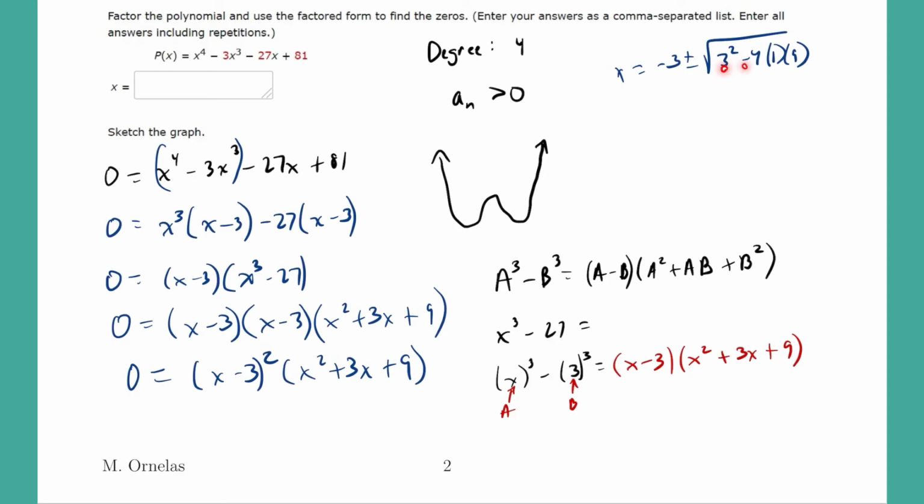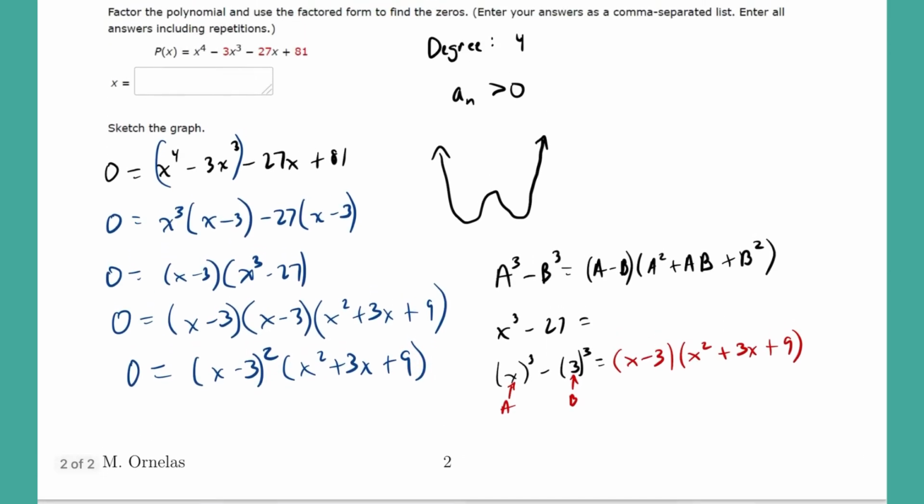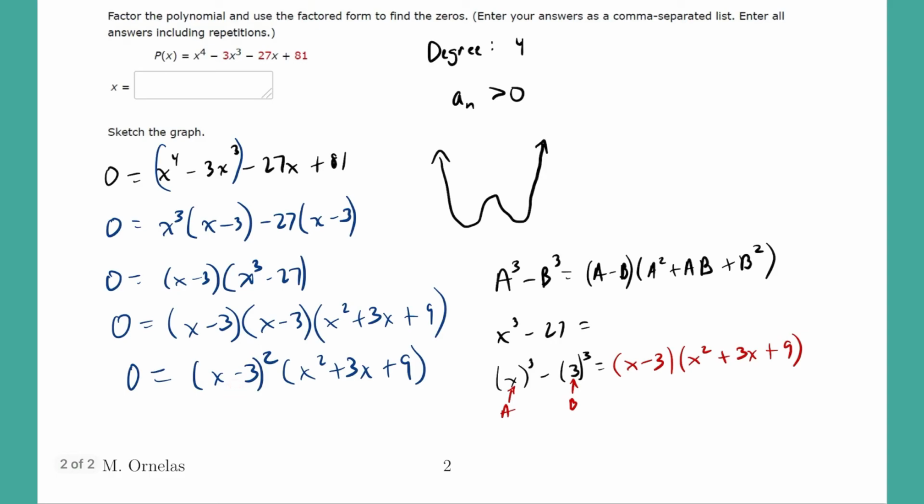Actually, that's going to be imaginary solutions because you can already see this is going to be 9 minus 36, which is going to be negative. So you don't even have to do the quadratic formula for this factor. These are just imaginary solutions. So there's only one 0 with multiplicity 2. It's positive 3, multiplicity 2.